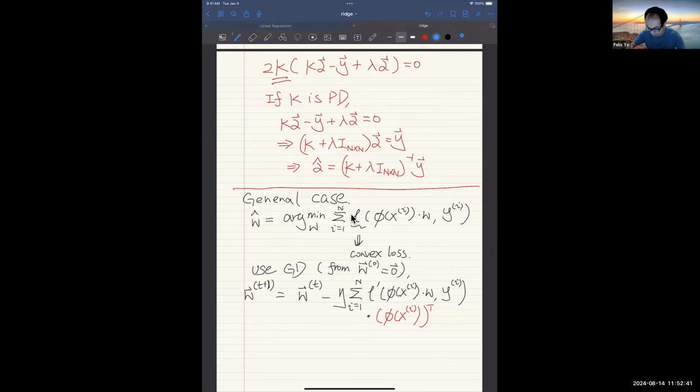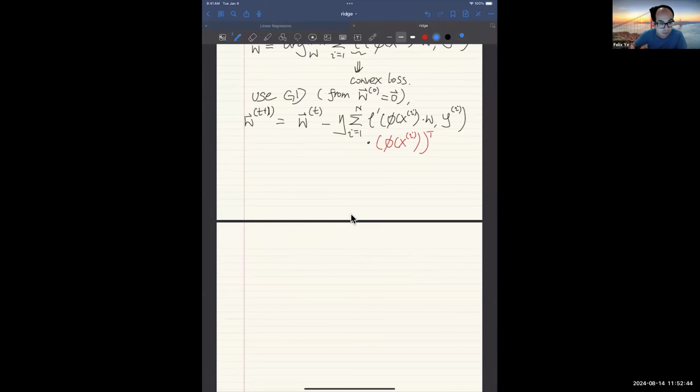So the key here is this whole thing, I mean W t, lies on the subspace spanned by phi of x_i.